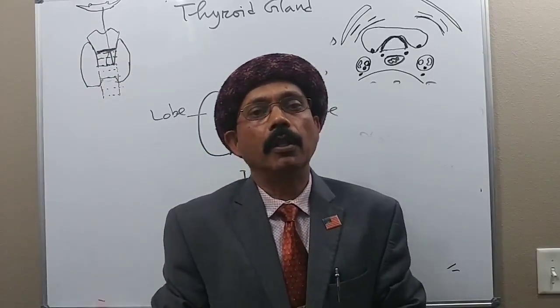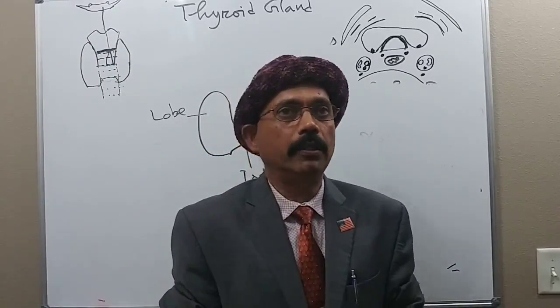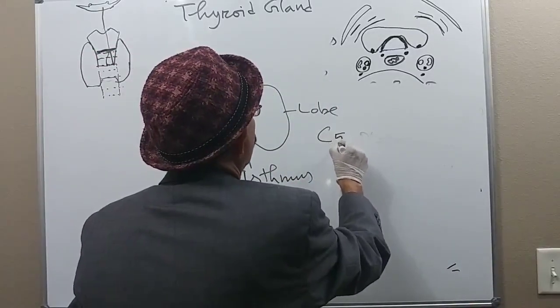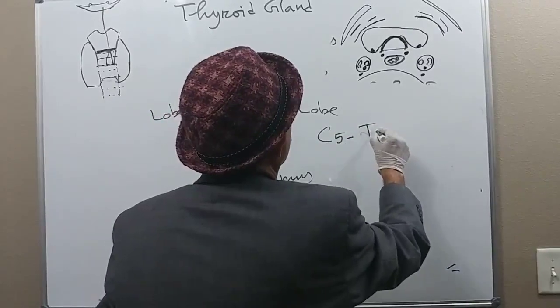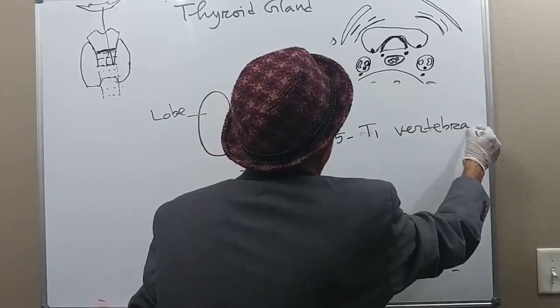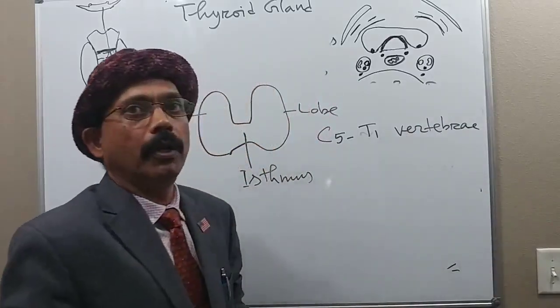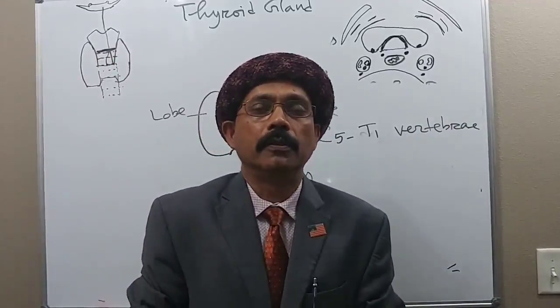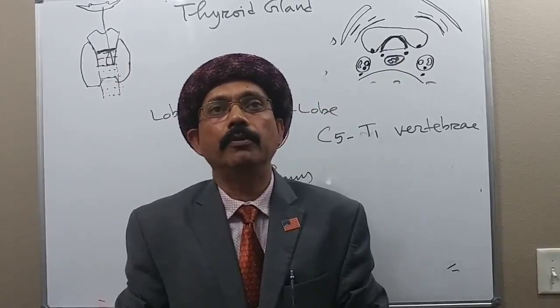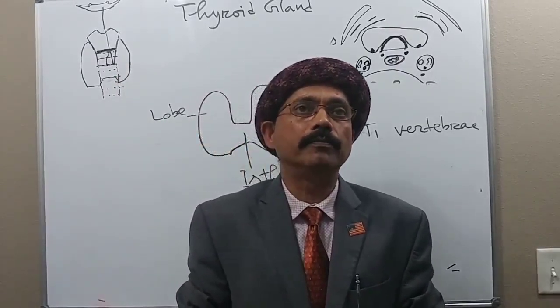The vertebral level of the thyroid gland is from C5, cervical vertebra 5, to T1, thoracic vertebra 1.